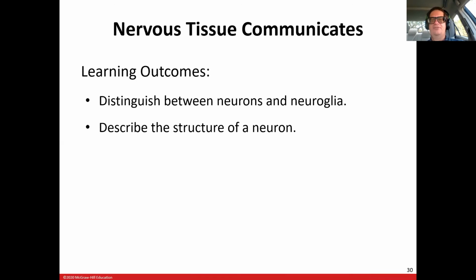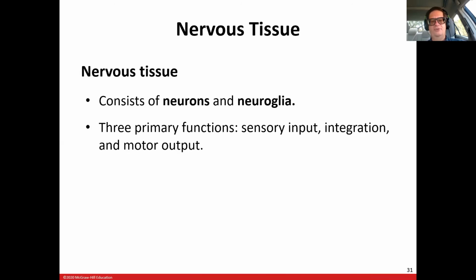They do lots of things. They're not mere insulation for the neuron. Anyway, the structure of a neuron, we're going to talk about parts. The long extension off of it is called an axon. That's what carries the nerve signal through the body. Let's move on.